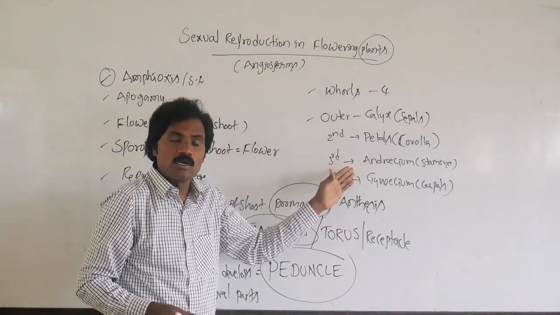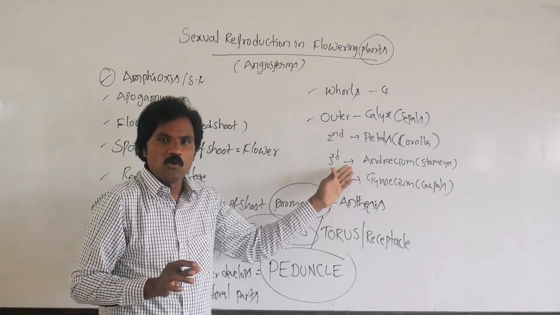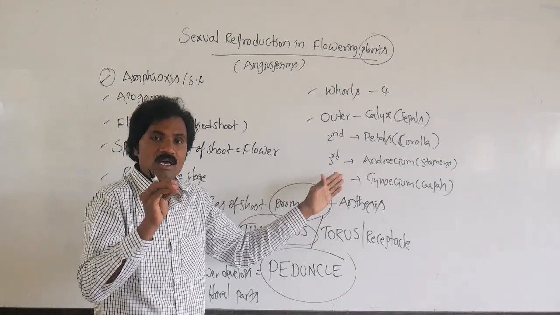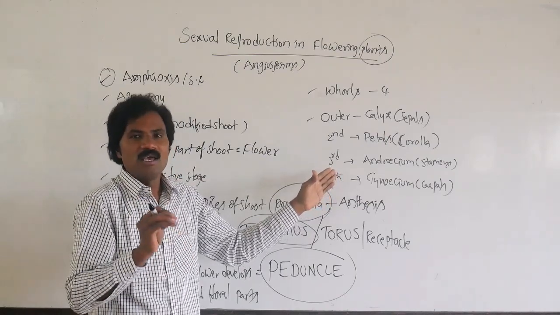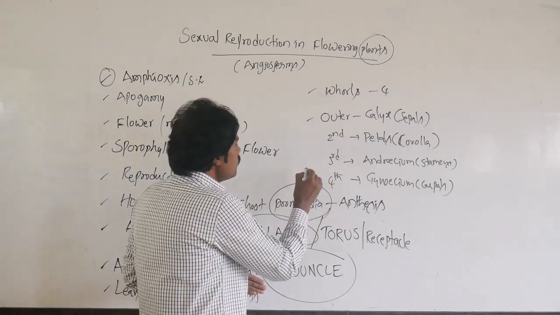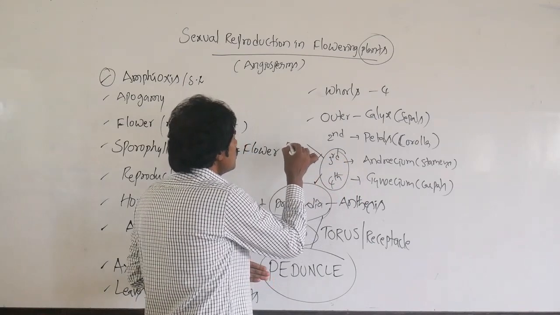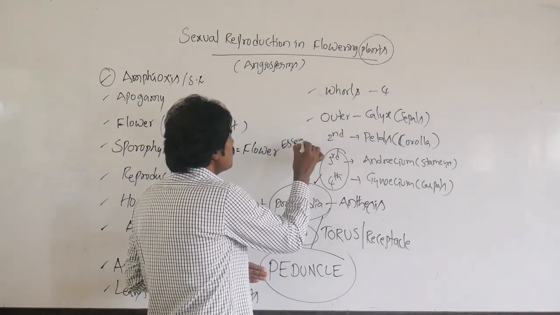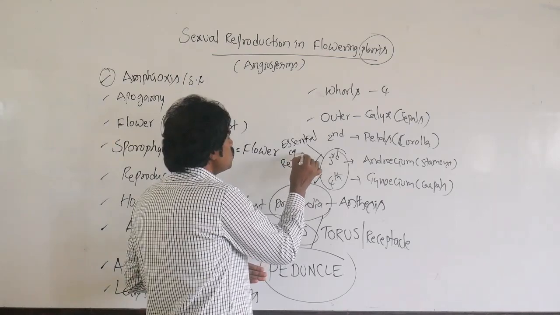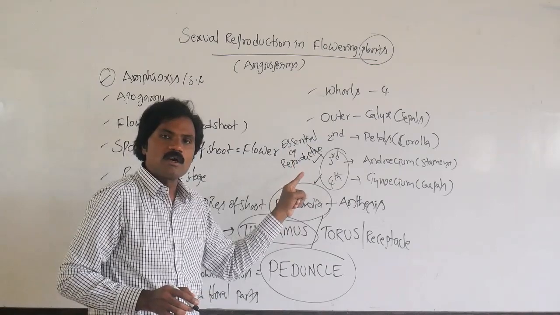Normally they are present, and any one among the whorls may be absent. From the exam point of view, which among these 4 whorls are the essential or reproductive parts of a flower? The third and fourth whorls, these 2 are the essential or reproductive parts of a flower.